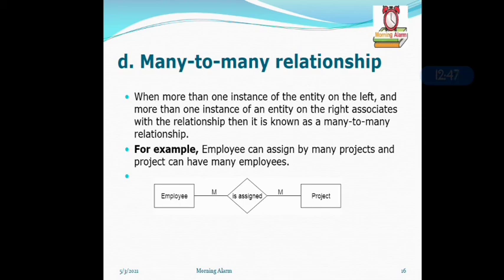Here we have employee with many instances, project has many instances, and these many instances are related to each other. An employee can work on many projects and a project can have more than one employee. This is called many-to-many relationship.